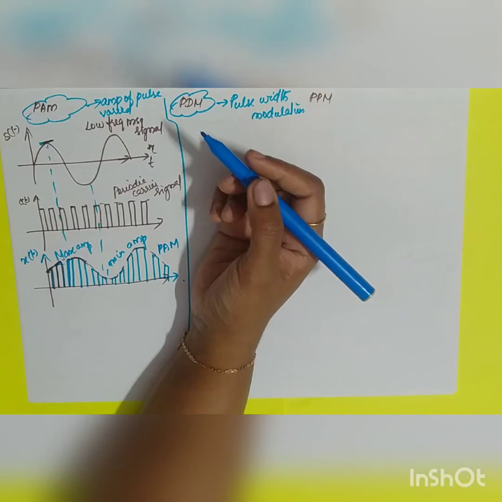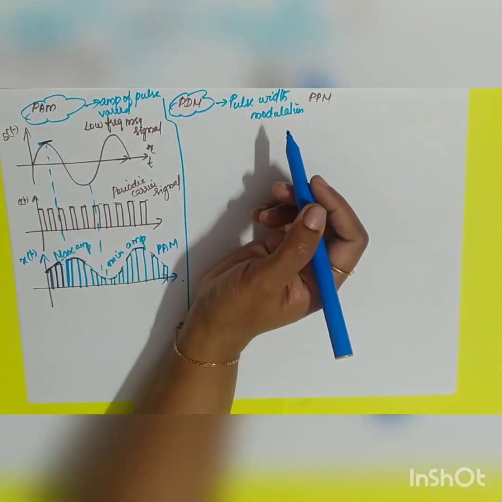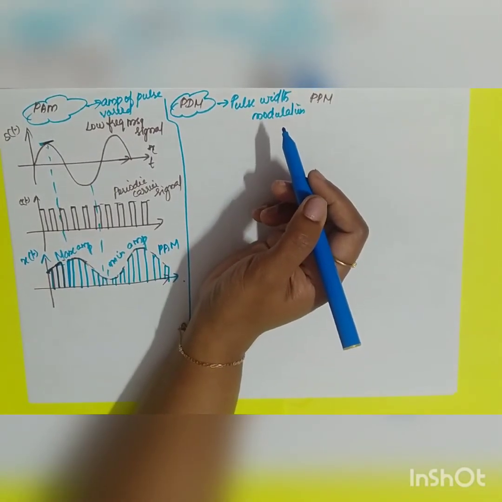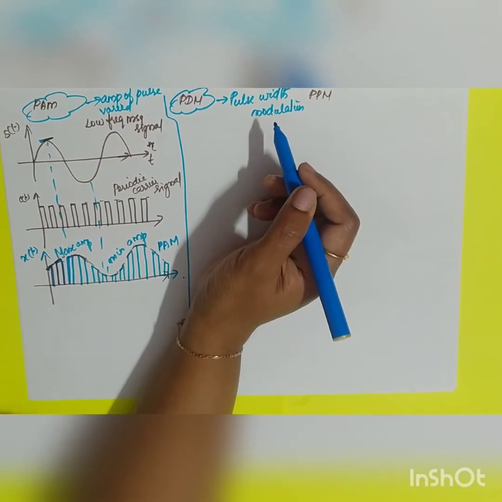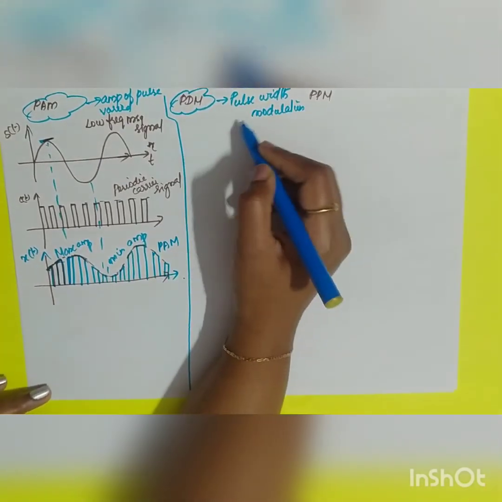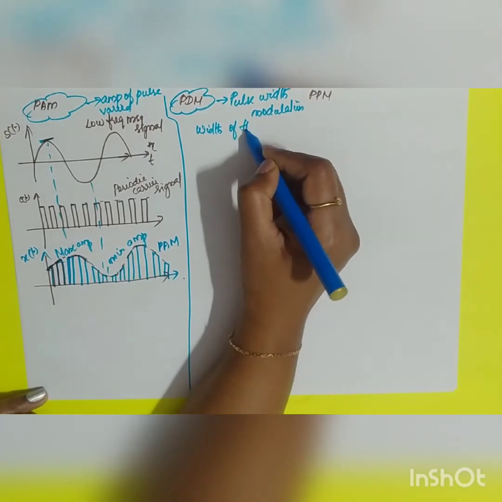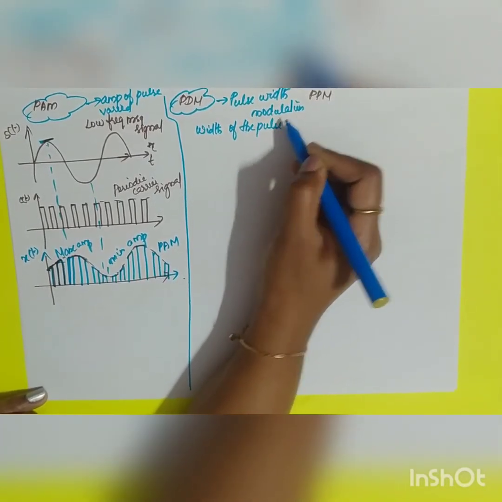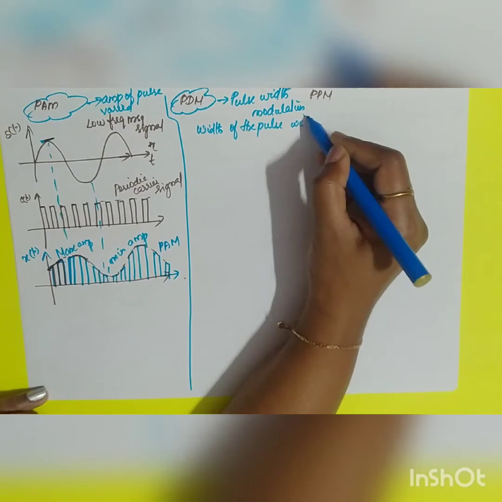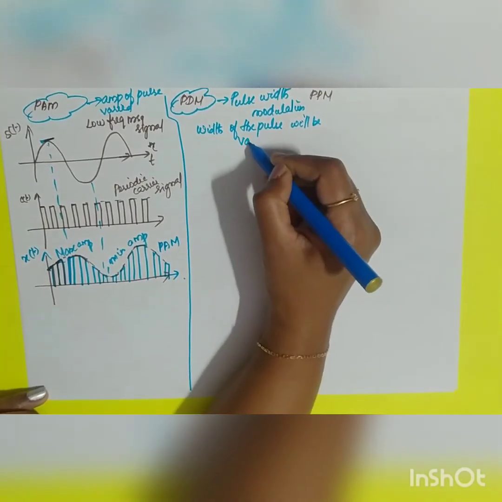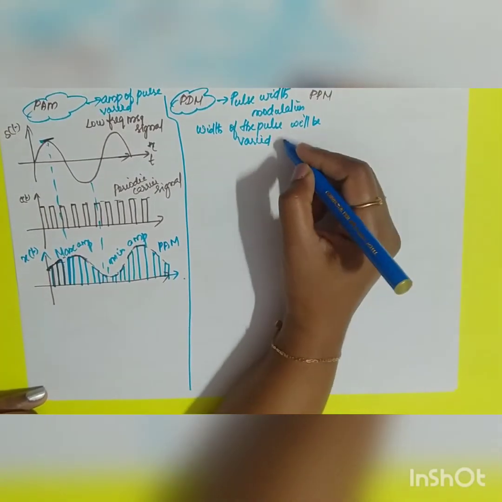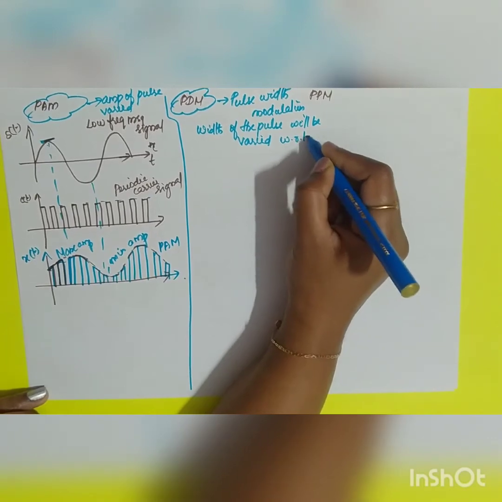And what will be kept constant? The width and the position will be kept constant. Pulse width modulation means the width of the pulse will be varied with respect to your message signal.